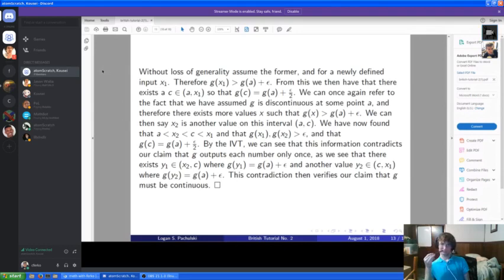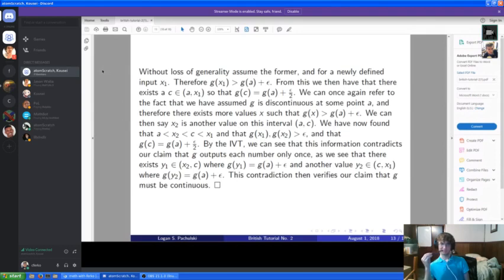We can then once again refer to the fact that we have assumed G is discontinuous at some point A, and therefore there exist more values x such that G of X is greater than G of A plus epsilon. We can then say x sub 2 is another value on the open interval AC. We have now found that A is less than x sub 2 is less than C is less than x sub 1.